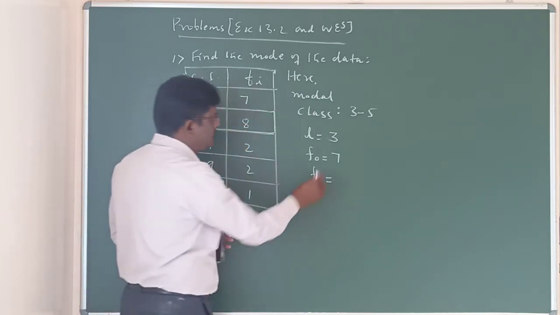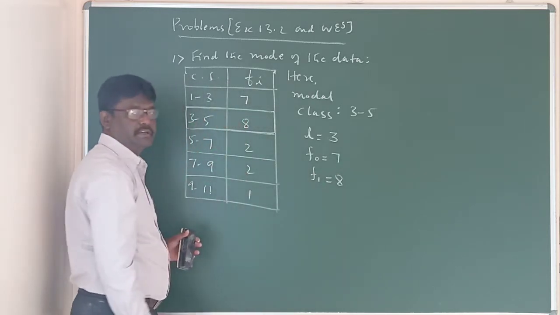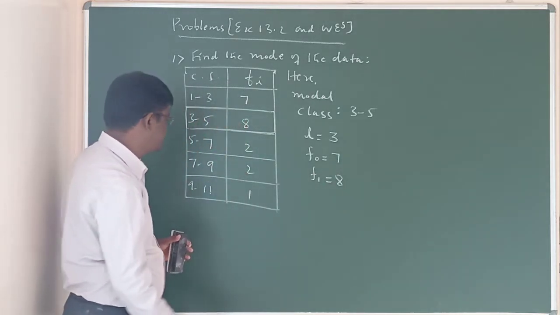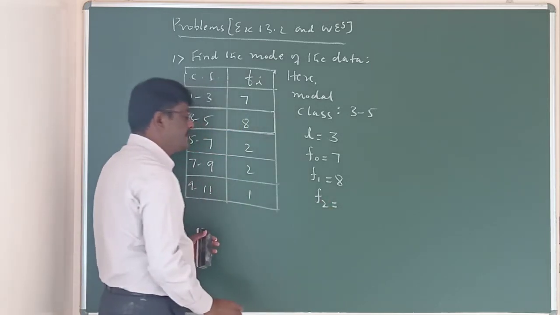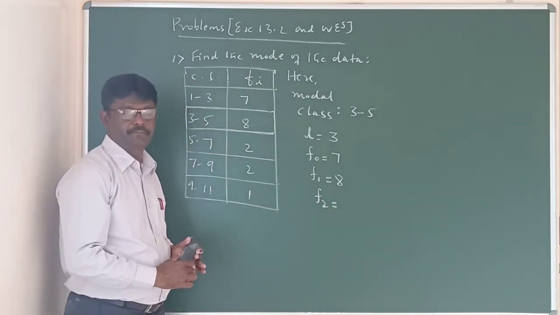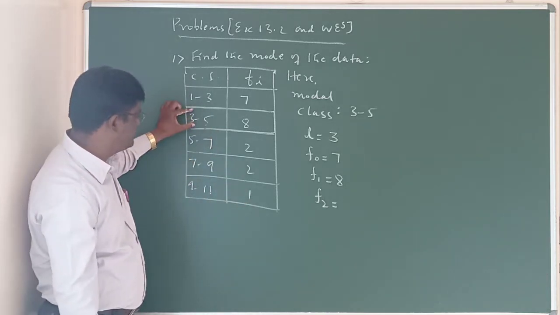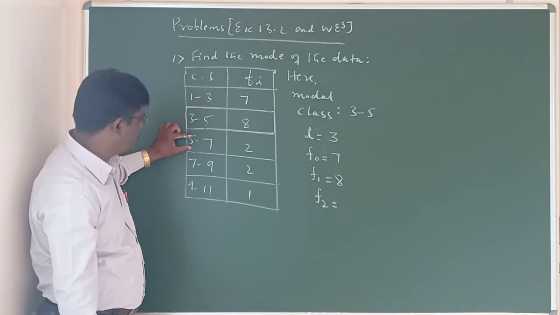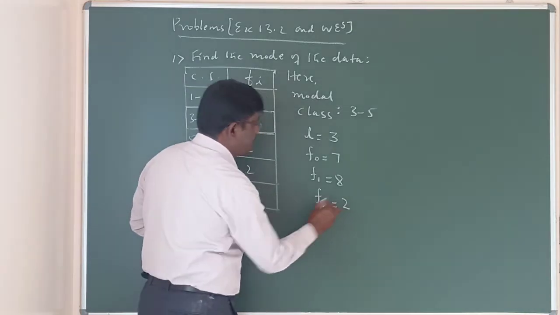Its frequency is 7. Hence F0 equals 7. Next, F1, the frequency of the modal class 3 to 5, is 8. Next, F2 is the frequency of the class succeeding the modal class, which is 5 to 7. Its frequency is 2, hence F2 is 2.